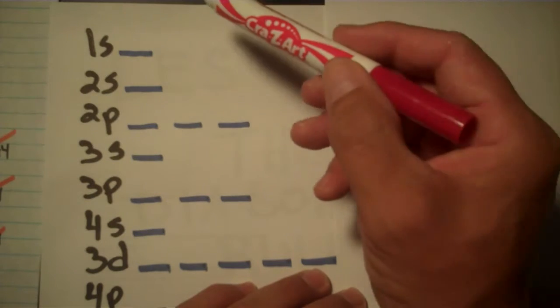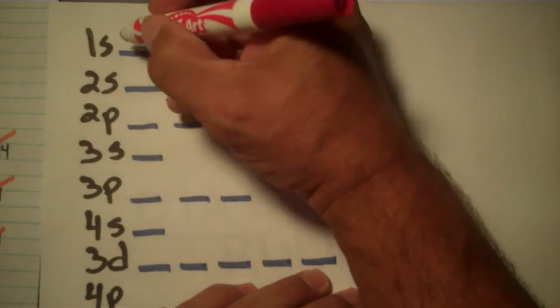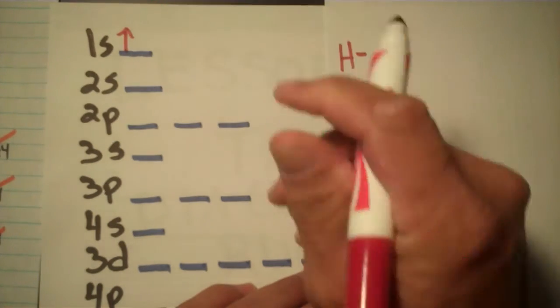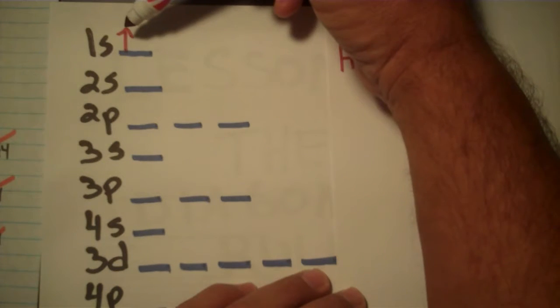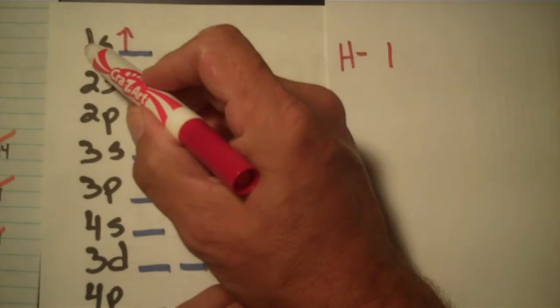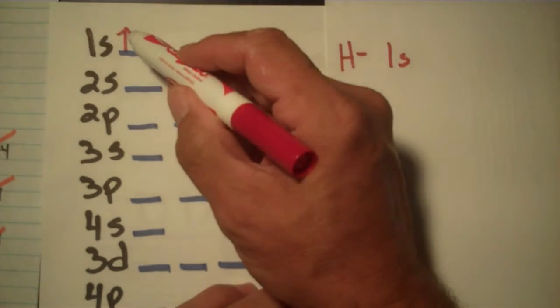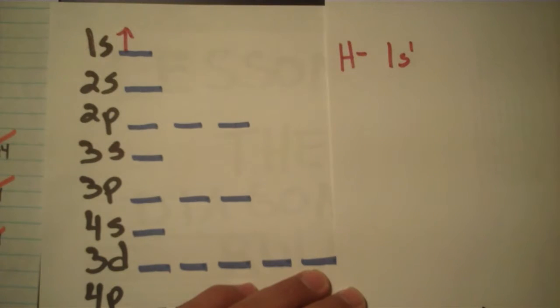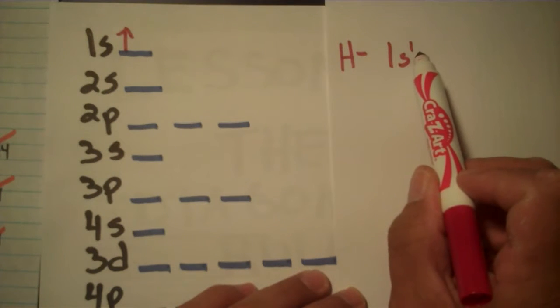We come to the very first level, which is the 1s, and we place an arrow going up. That means there is 1 electron, and that's all we need. So we place the number 1 for the energy level, the s for the sublevel, and there's only 1 electron there. So our electron configuration for hydrogen is 1s1.